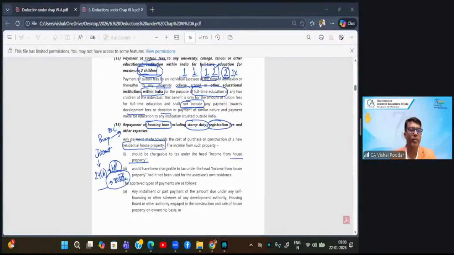I cannot deviate from 80C, right? Navneet, I have already answered your question that if nothing is mentioned about tuition fees, you will assume, you'll write a note saying that the school fees which are given are assumed to be tuition fees. Right, beta?